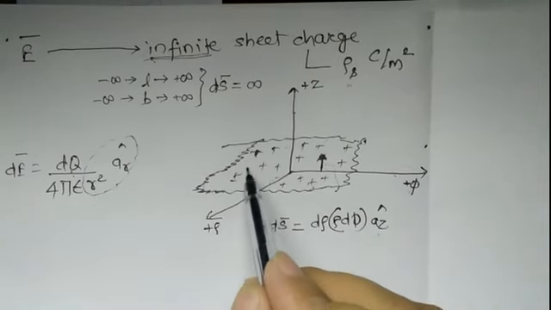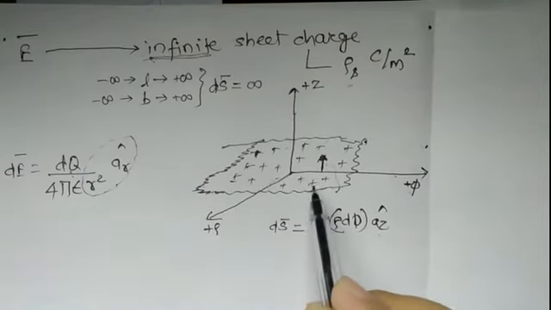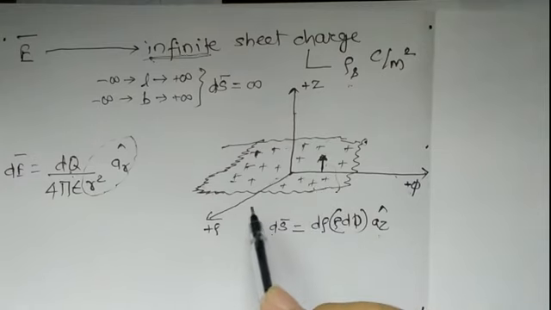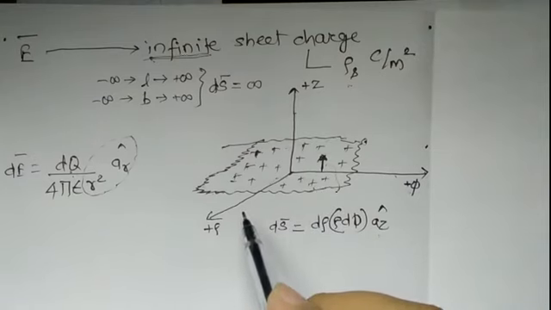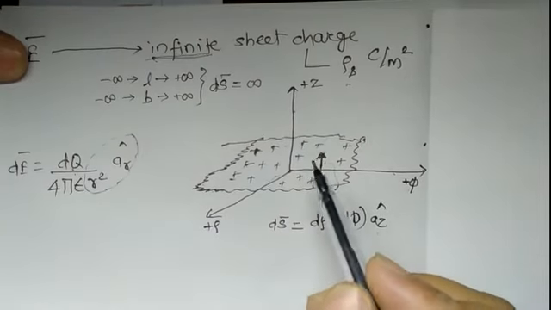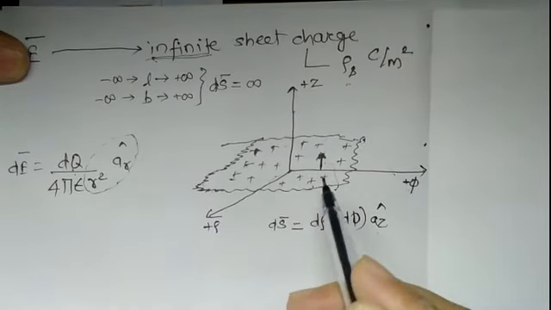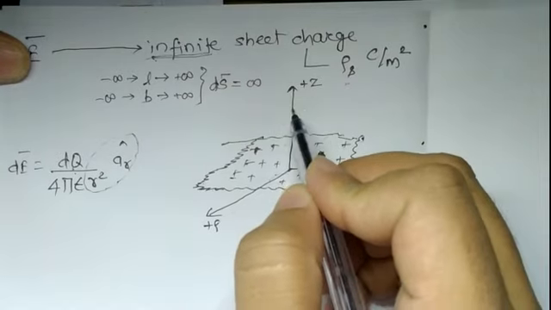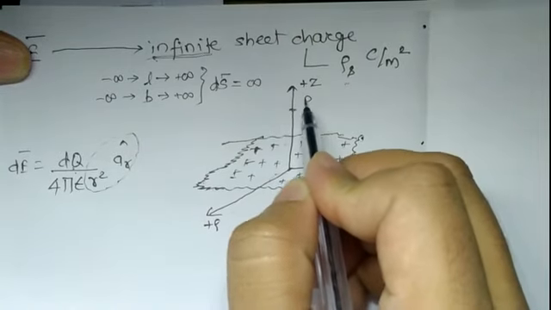So we have the source of charge as a sheet charge, and we are considering the point P along the z axis. So therefore this is our testing point.